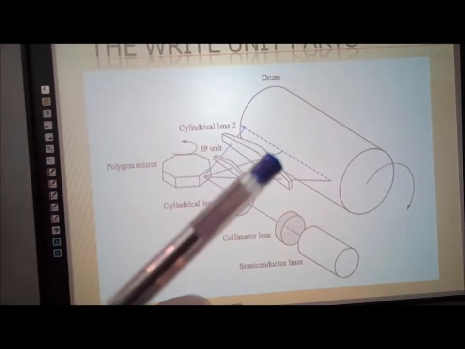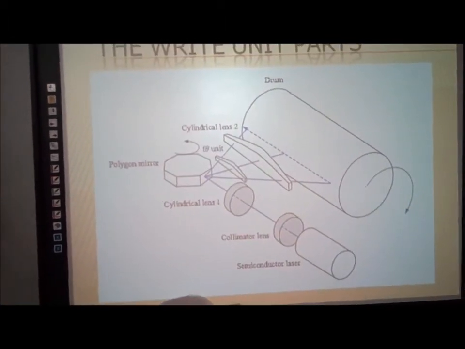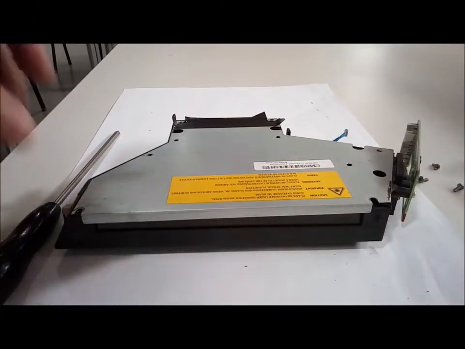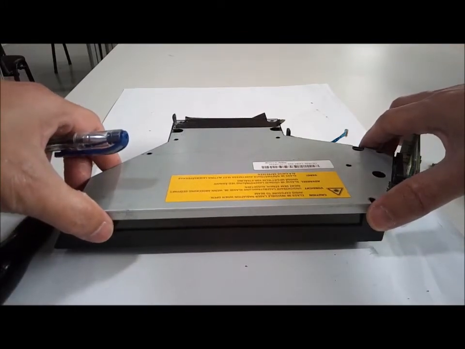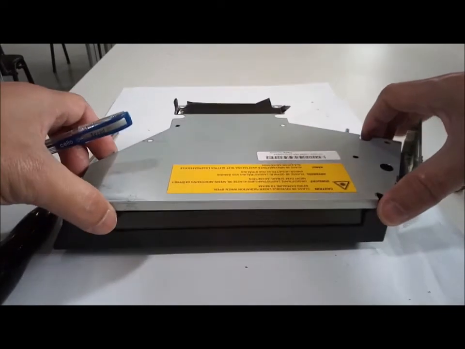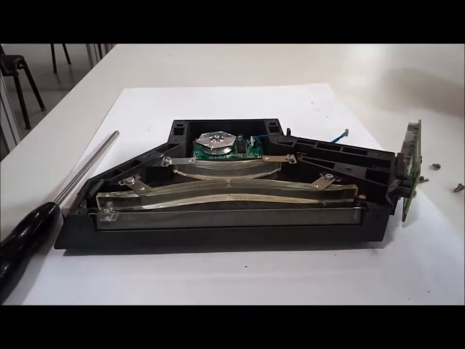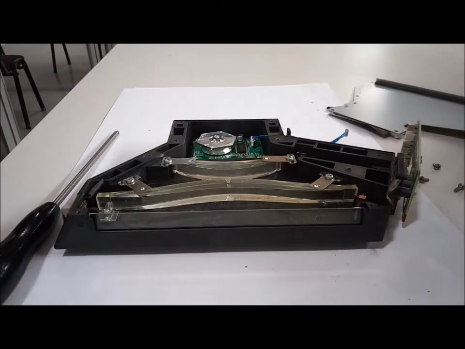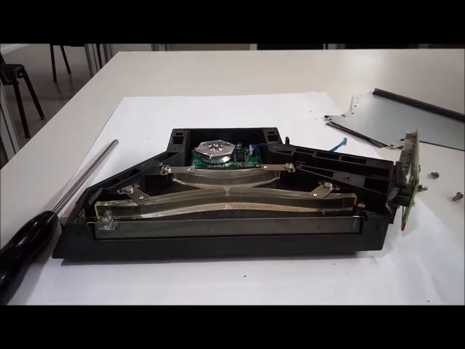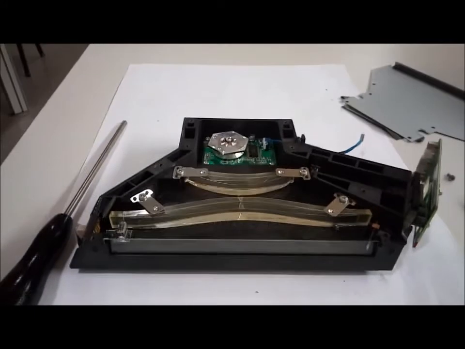Now I will show you the actual appearance of the parts of the write unit. If we open this top cover of the write unit, we can see the parts. Let's take the parts one by one.